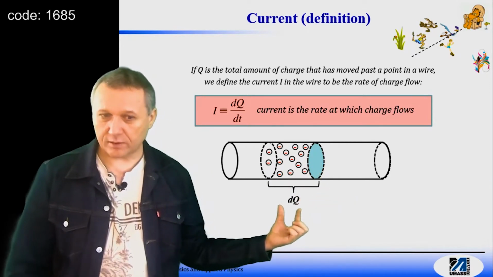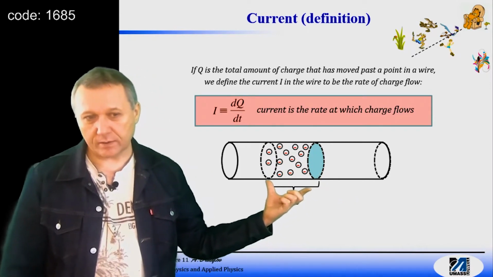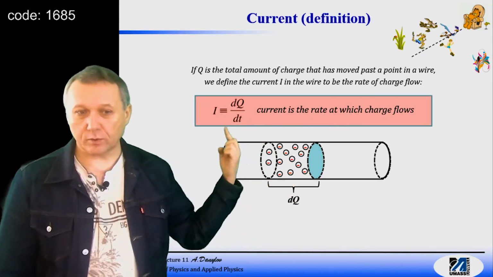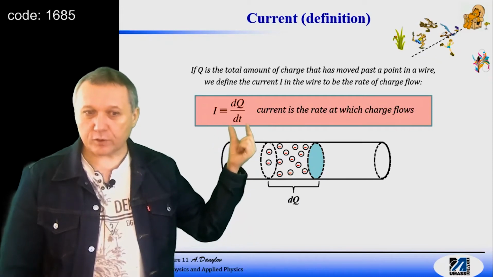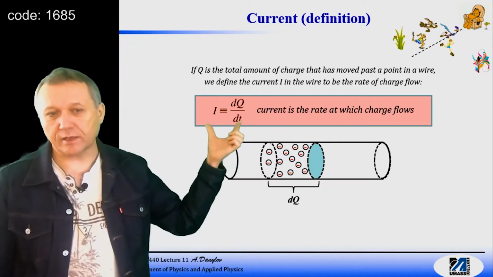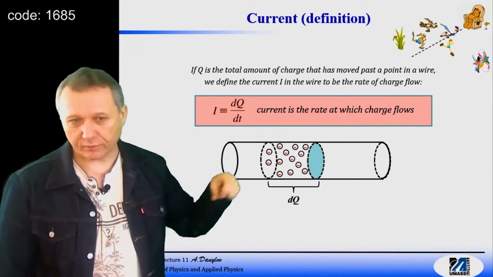So you take dq divided by your time of observation, and that's your current. And of course, if dt is infinitesimally small, you will get an instantaneous current at that particular moment of time.